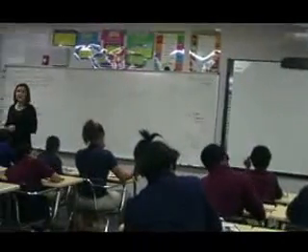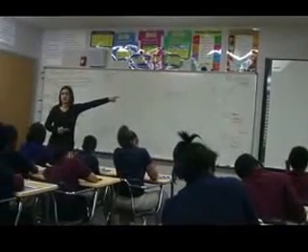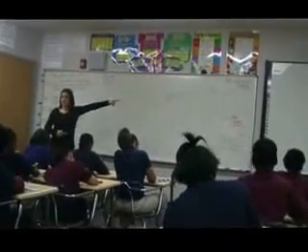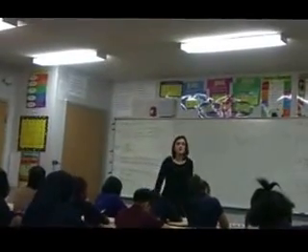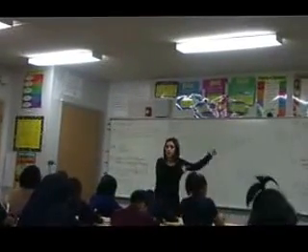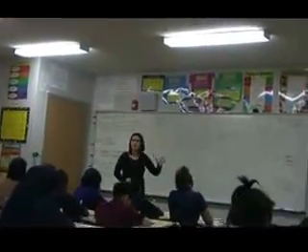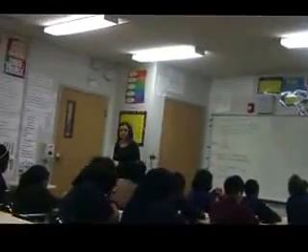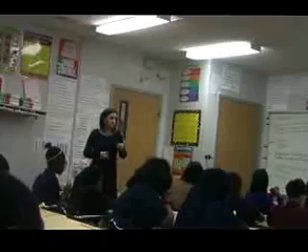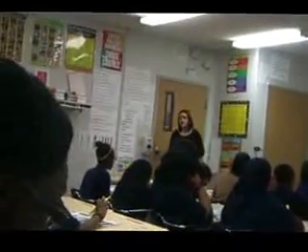And then take that highlighter and draw an arrow to this word. So when you are making predictions, you are thinking about what might happen next. Very good. What will happen next? It's usually a guess, but it's what will happen next.